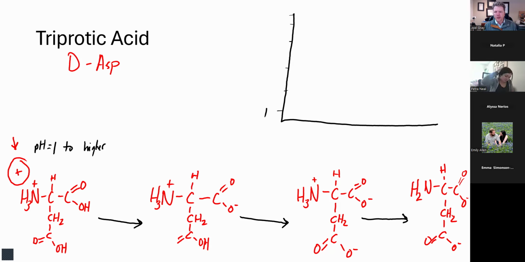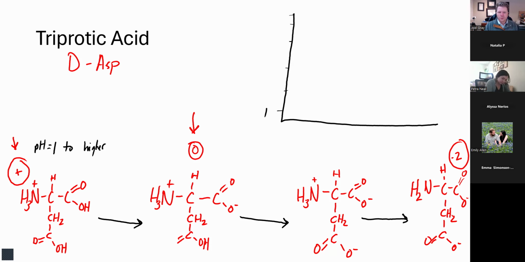Now, let's go to the far right. I'm going to draw another circle, and I need that circle to be filled with the charge, including the magnitude of that charge. Michael, you're absolutely right. -2. So then, we go from positive to 0. This is the form of the molecule that is neutral.